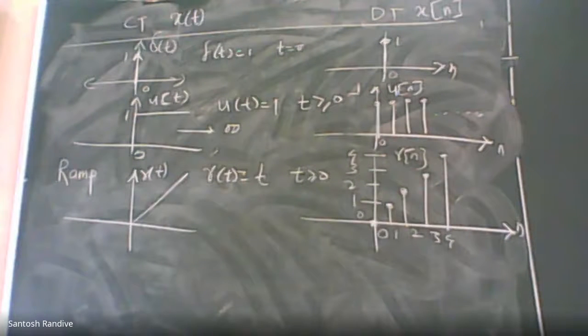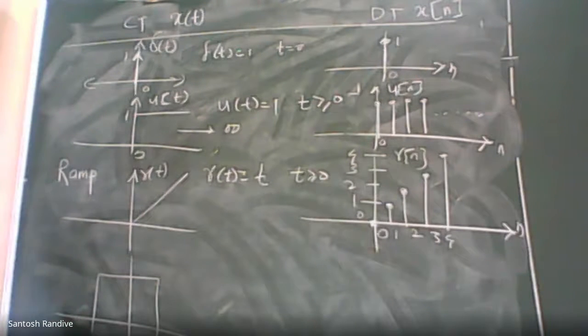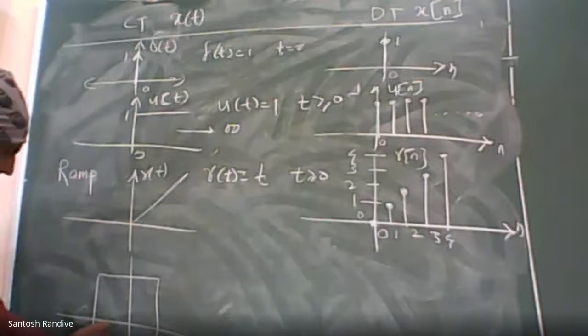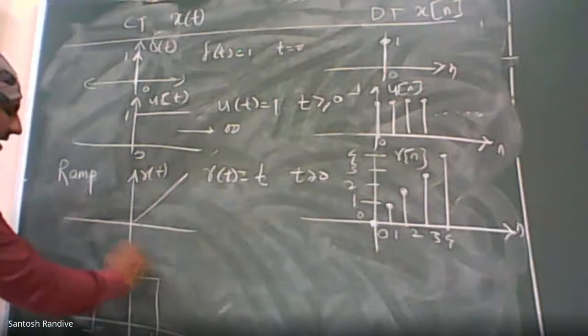Then what else? A signal which is called a rectangular pulse. It spans from minus tau by 2 to plus tau by 2. Say A is the amplitude of the signal.